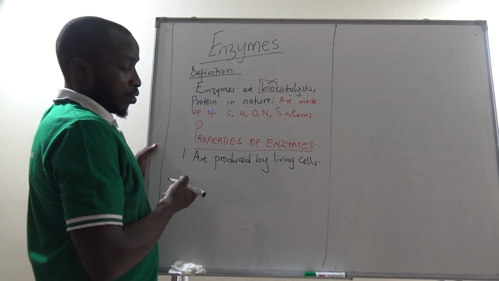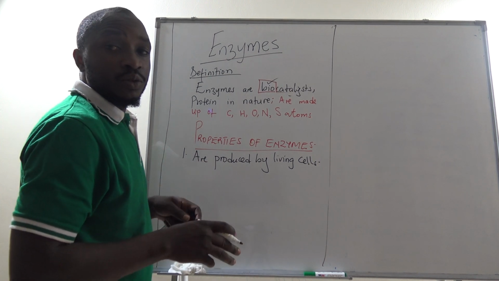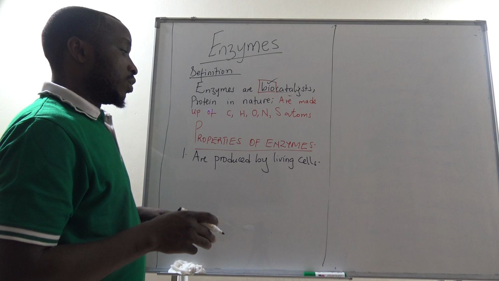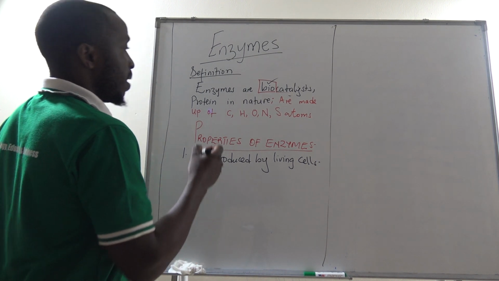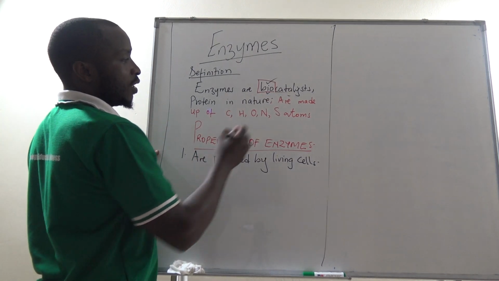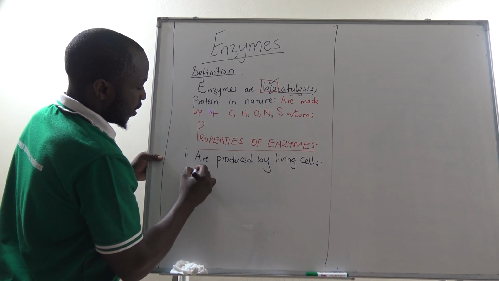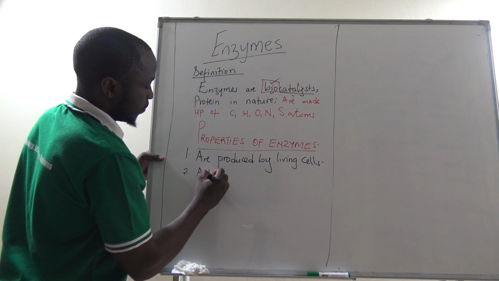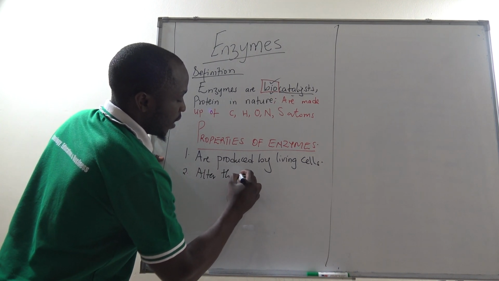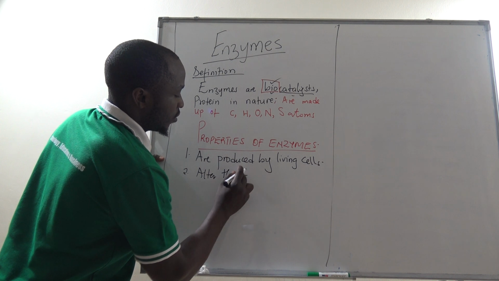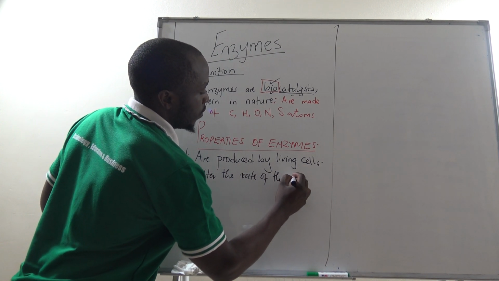This is very crucial, because when we die, our cells cease to produce enzymes, and that's the main cause of death. They are produced by living cells. Then from here, we can go further and say enzymes alter the rate of the reaction.